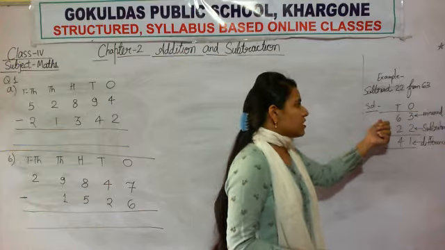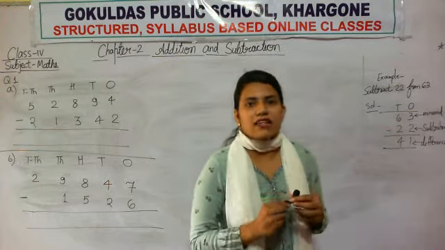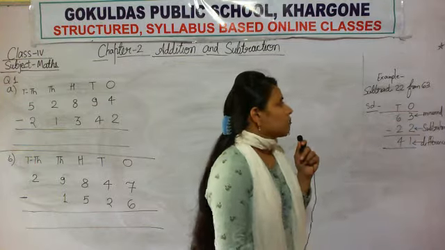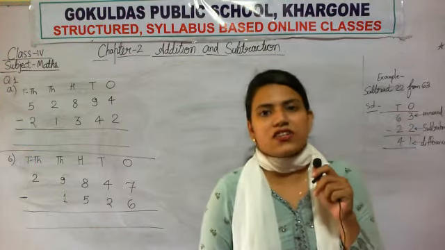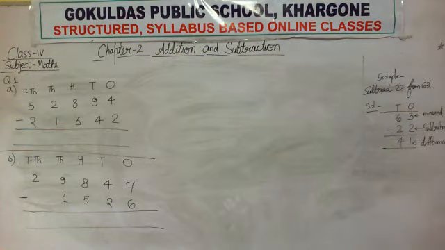Now the larger number in subtraction is called minuend. In subtraction the larger number is called minuend, and the number which you are subtracting is called subtrahend.